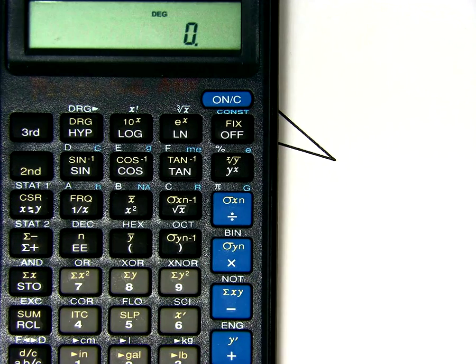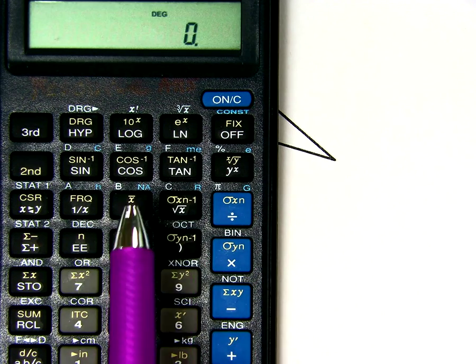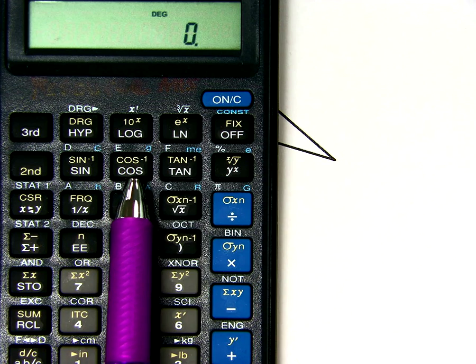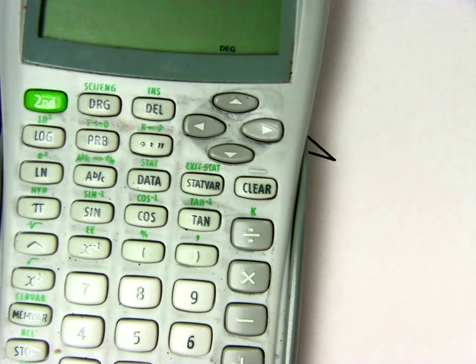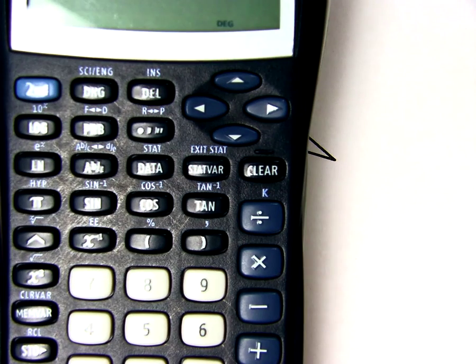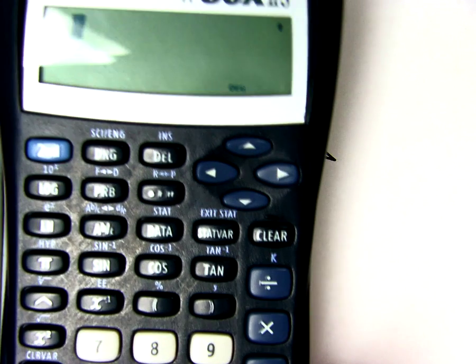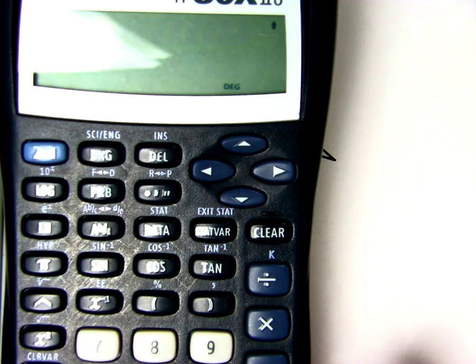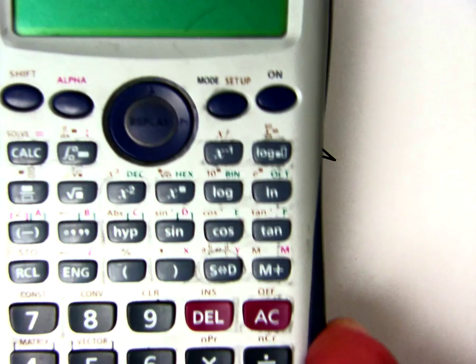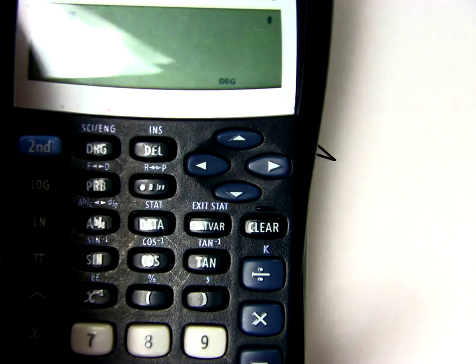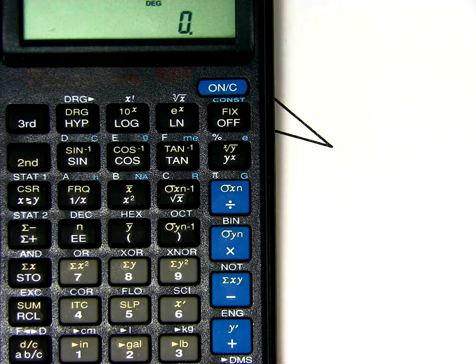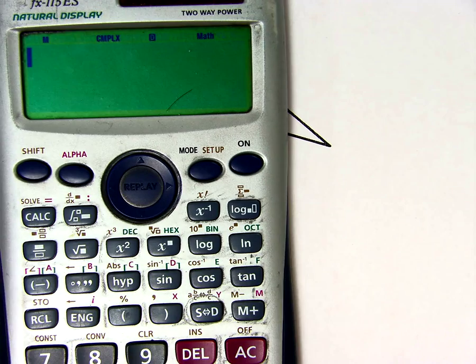Now we can see these keys that have the abbreviations for sine, cosine, tangent. Those are pretty familiar and the same on all these calculators. However, how we enter things is going to be a little bit different depending upon the calculator. If we see all of our operations as we enter them, here's an example.